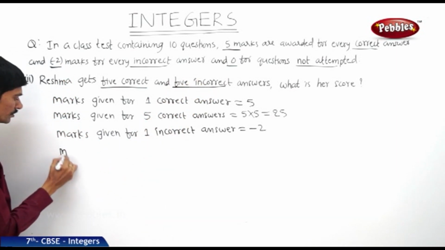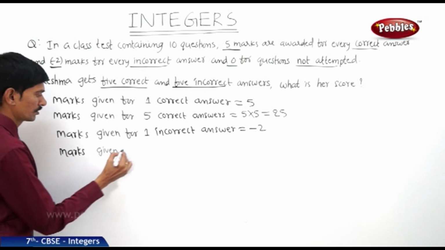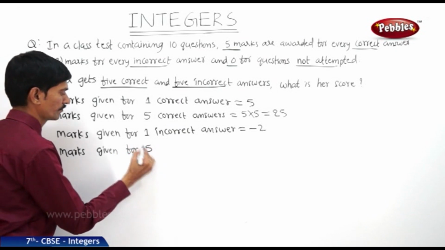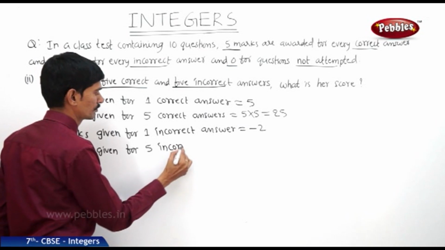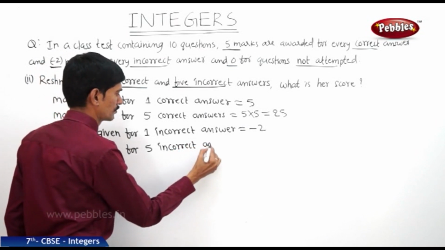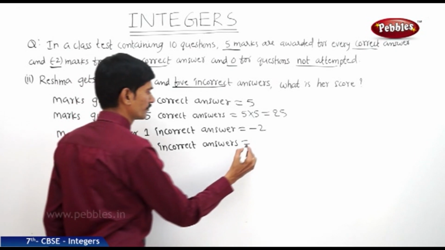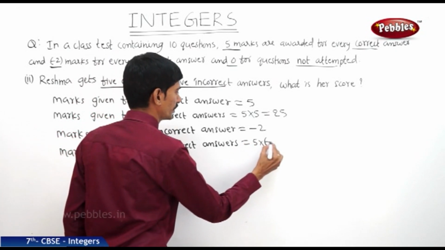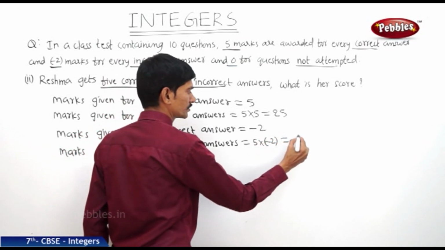So marks given for 5 incorrect answers equals 5 into minus 2. So this equals minus 10.